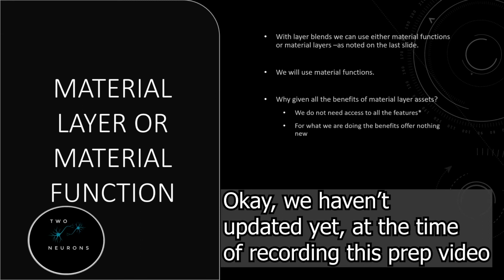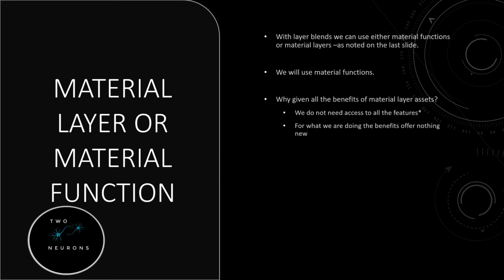Yes, I do realize we've upgraded the engine, and we'll be upgrading the engine further for this series. And two, again, there'll be other things we'll do where we don't need all the access to it. So for what we're doing, the benefits offer nothing new. Again, there is a caveat of that, except for one little feature, which I have an asterisk next to the word features as well. We'll come to that in a minute, and actually also again on the next slide.